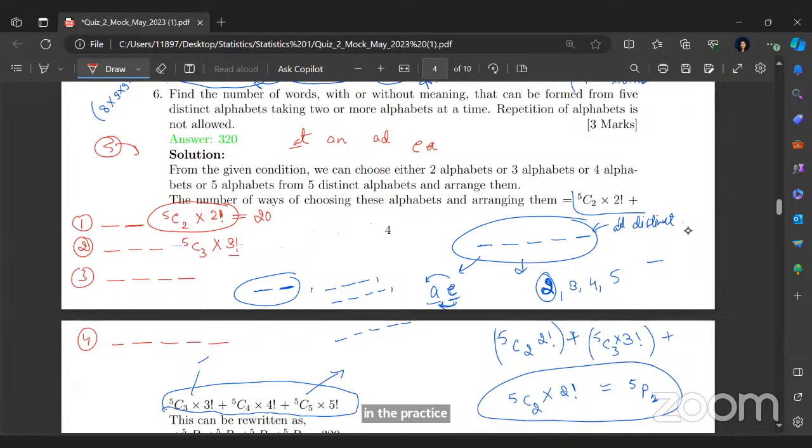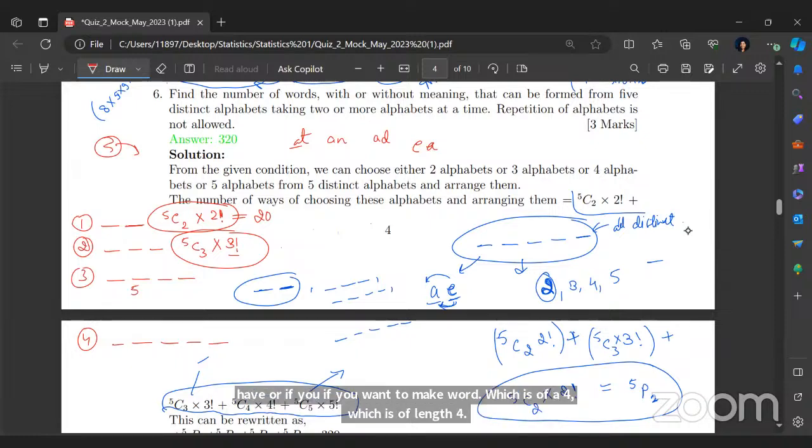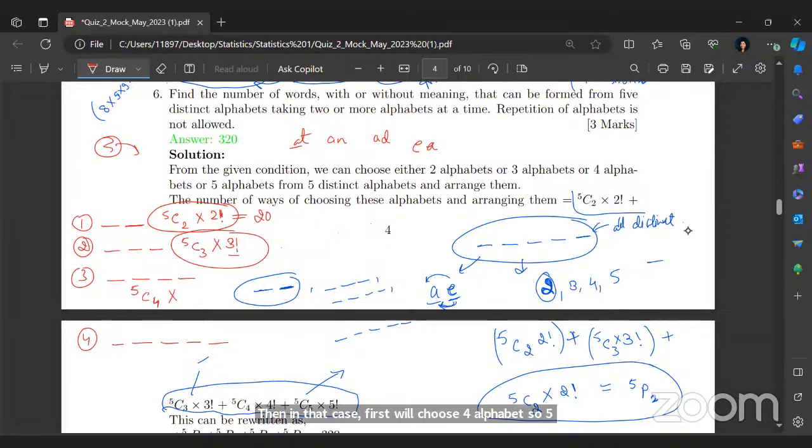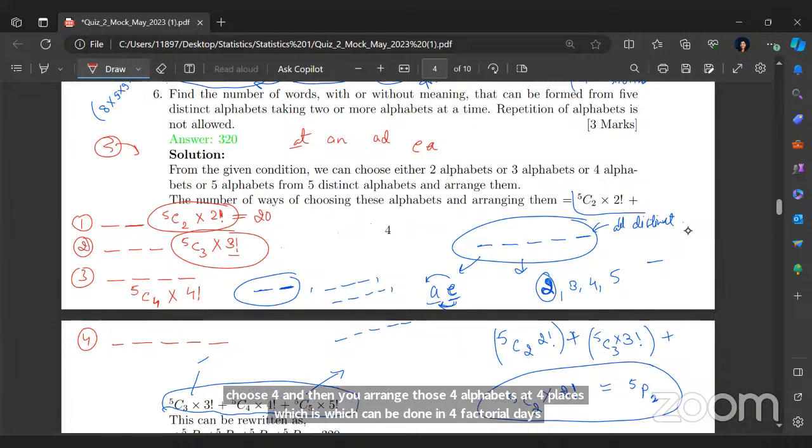Similarly, if you want to make a word of length 4, then first you will choose 4 alphabets, so 5 choose 4, and then you arrange those 4 alphabets at 4 places, which can be done in 4 factorial ways. Right?